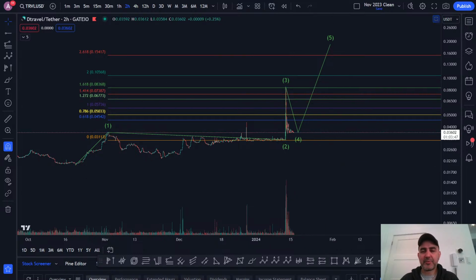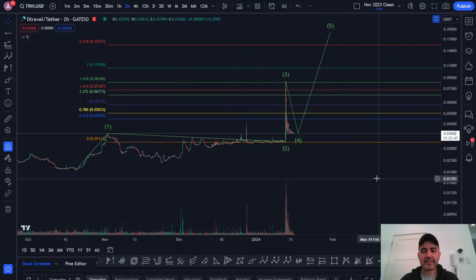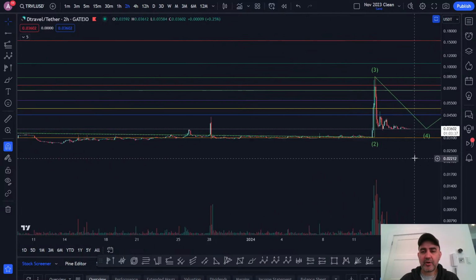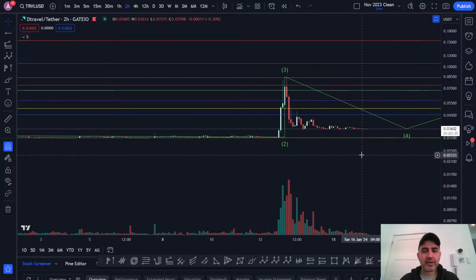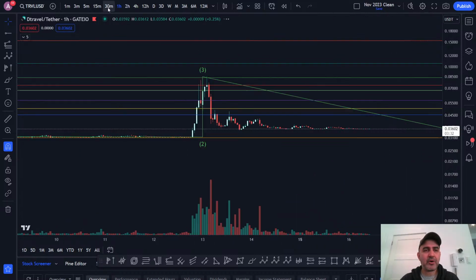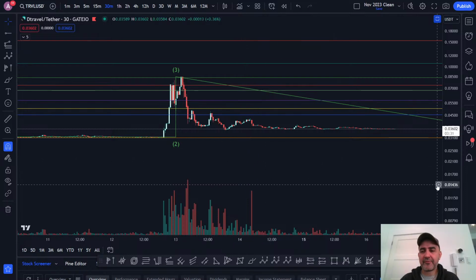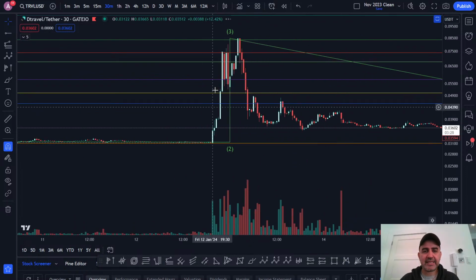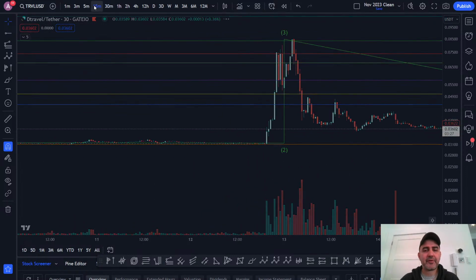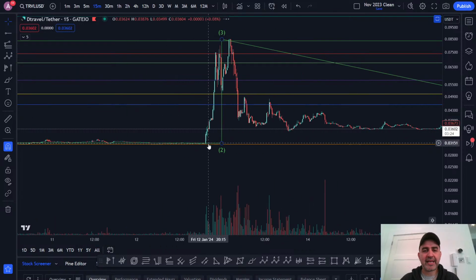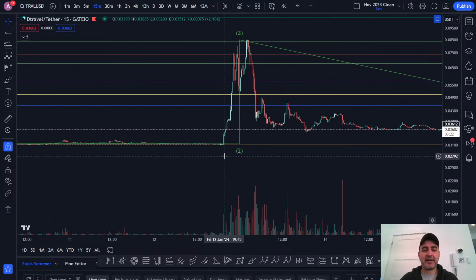And I think certain people did take profit, and well done. But that was really impulsive. It was a very impulsive move. You can only really see the impulse on a lower time frame. This is very impulsive on the lower time frame. On the higher time frame, it's just up and down.